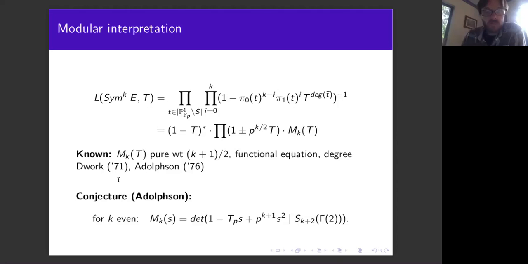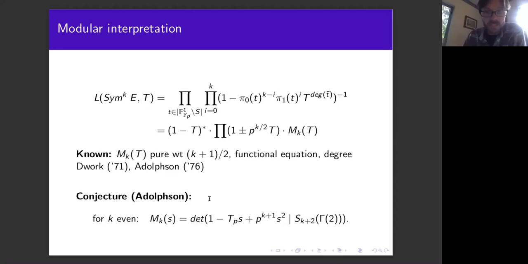And this was work done by Dwork, who gave a p-adic cohomology theory for it. And then Alan Adolphson in his thesis in 76 proved this part here, that it factors into 1 minus t. He gave these factors, and he also computed the degree of this, and he also proved the functional equation. So that was his PhD thesis, the rest of this.